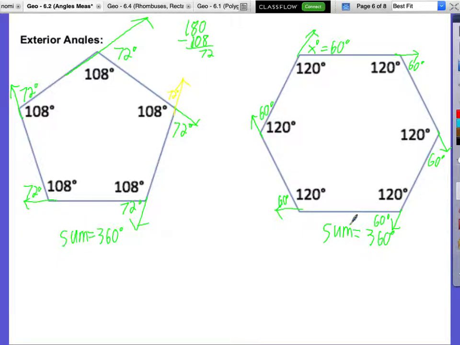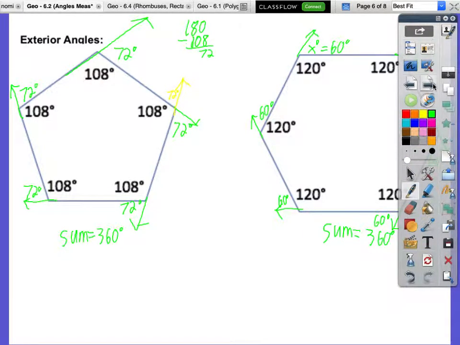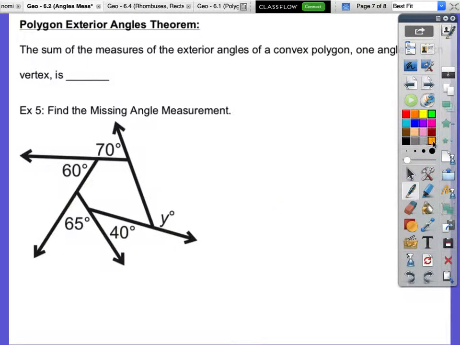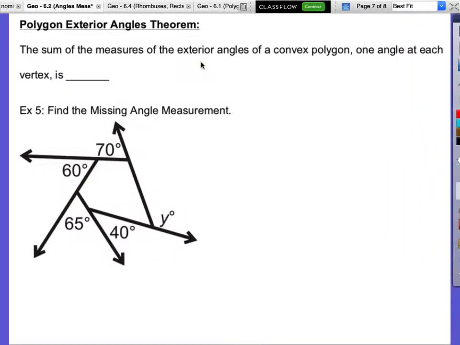Yeah. Okay, the total sum of interior angles here is 540, where the total sum here is 720. But the exteriors were both 360. And that's not a coincidence. It's actually going to be like that all the time. So if we flip the page here, the sum of the measures of the exterior angles of a polygon, one angle at each vertex like we did, is 360 degrees.